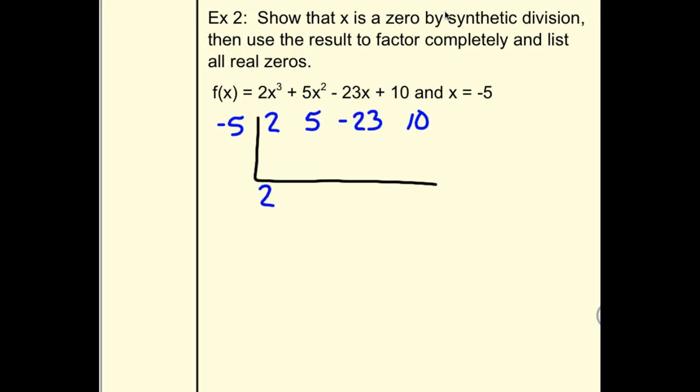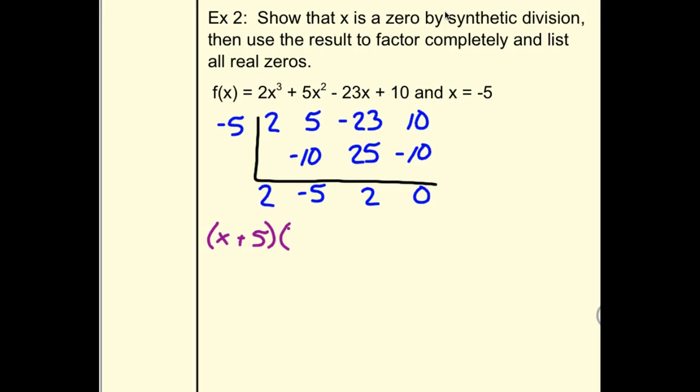Bring down our 2, multiply by negative 5, add, multiply by negative 5, add, and multiply by negative 5. Our result is 0, so that means the remainder is 0, so we did get a factor of our function, x plus 5. When we put that back into the binomial with x, that's where it becomes opposite.